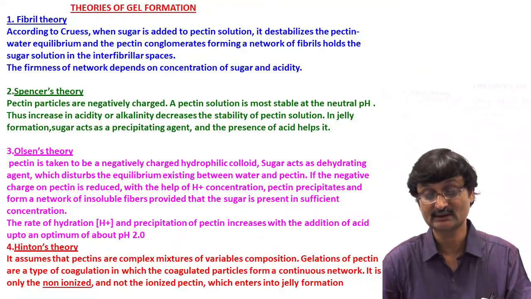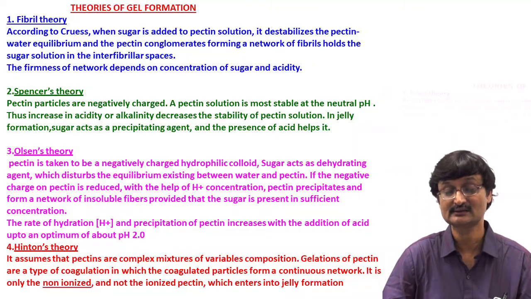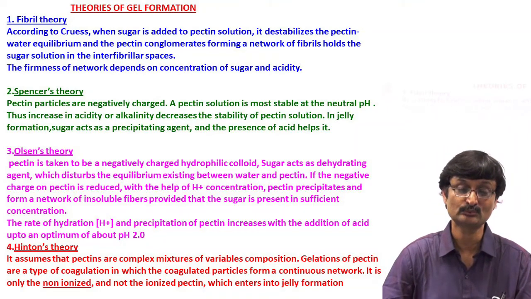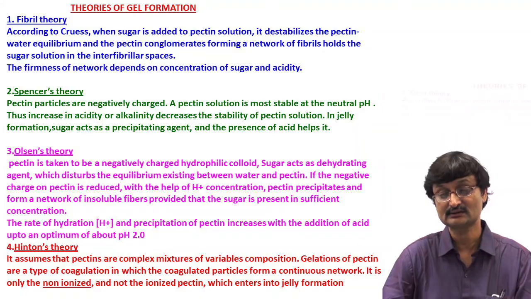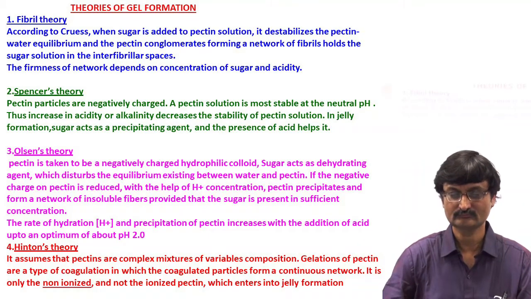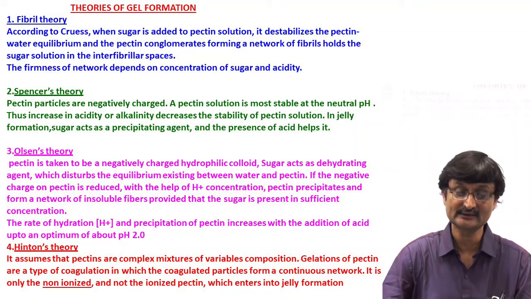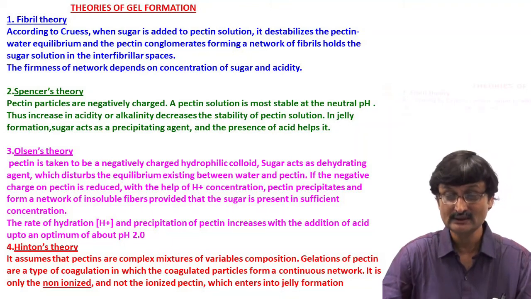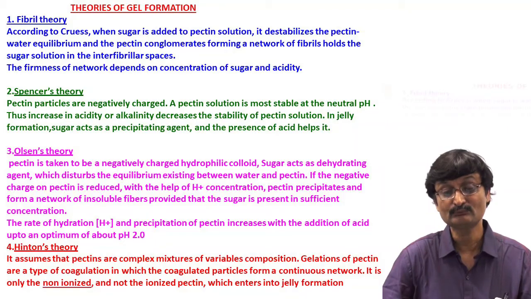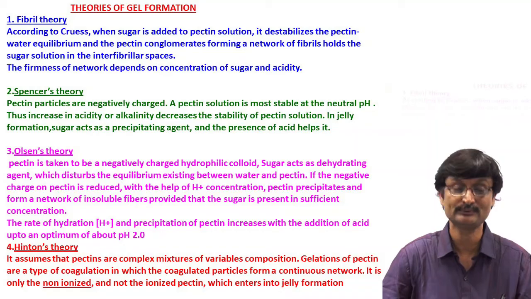Theories of gel formation. How is this jelly set? What are the theories behind this phenomenon? The first is fibril theory. Fibril theory was proposed by Cruess, and according to this theory, when sugar is added to pectin solution, it destabilizes the pectin water equilibrium, and the pectin forms a network of fibrils, holding the sugar solution in interfibrillar space.